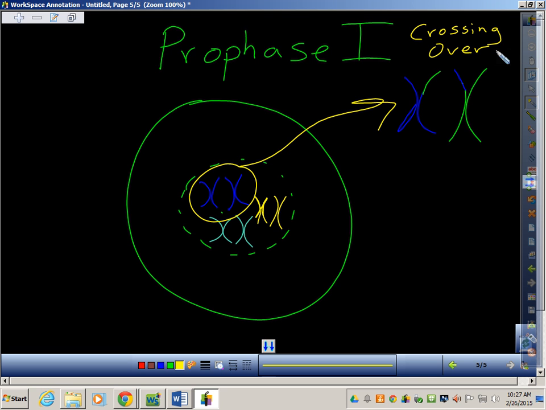So our DNA, because it's so similar, those 2 sister chromatids can actually flippity-flop with their neighboring chromatid. So these 2 blue ones were identical, right? But the second they trade information, are any of those chromatids alike anymore?